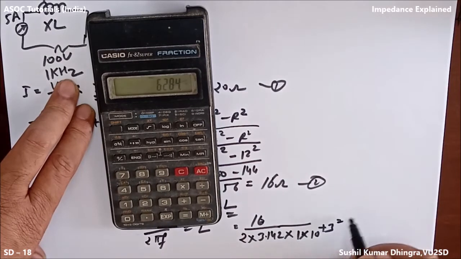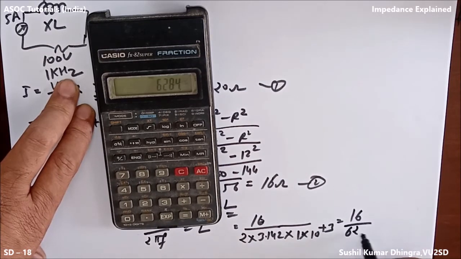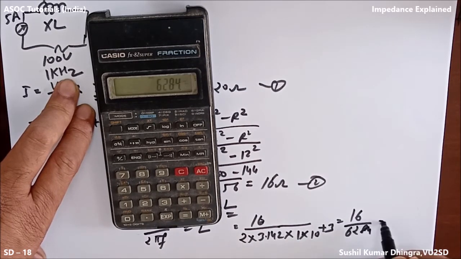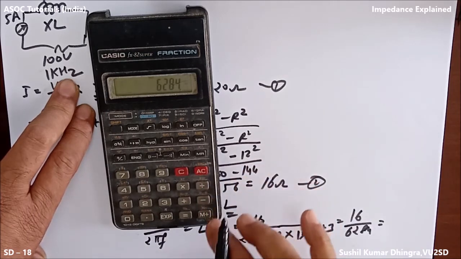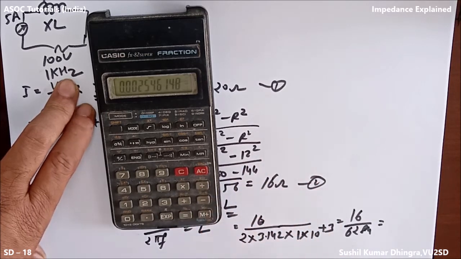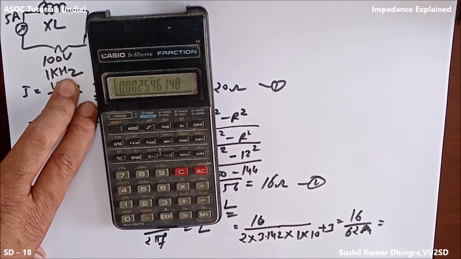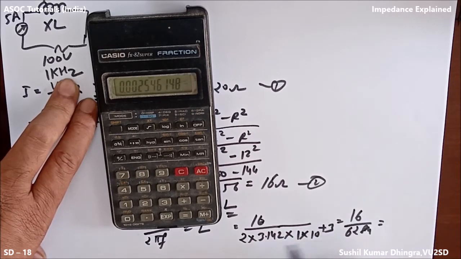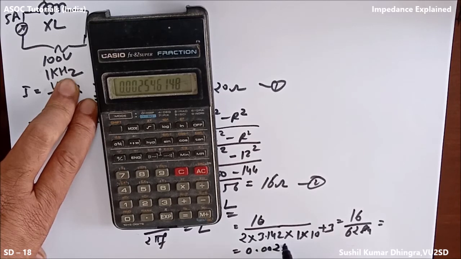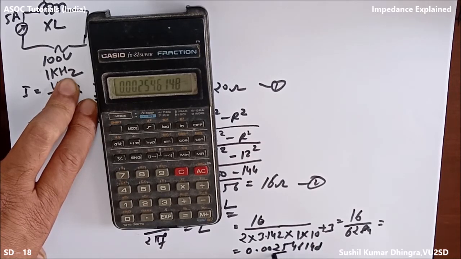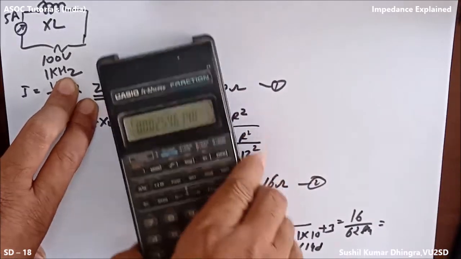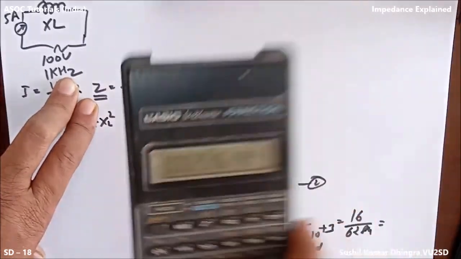So it is 16 by 6284. This one is equal to 0.0025461448, or I need only this value first. You can see here carefully. I hope you can see.